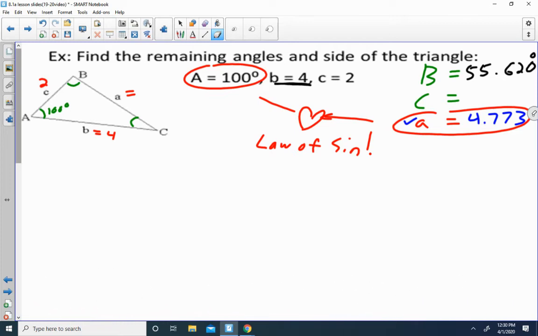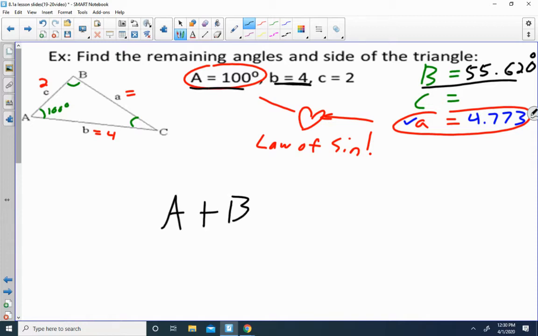All right. All that's left now is to find big C. And to find big C is going to be the easiest part because we have 2 angles. And we all know that all 3 angles have to add to 180.